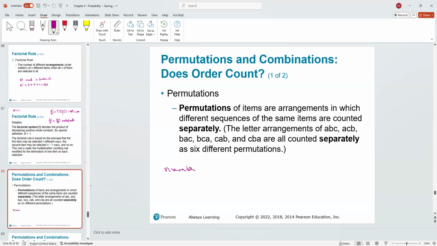So the number of different permutations of n distinct objects is n factorial.